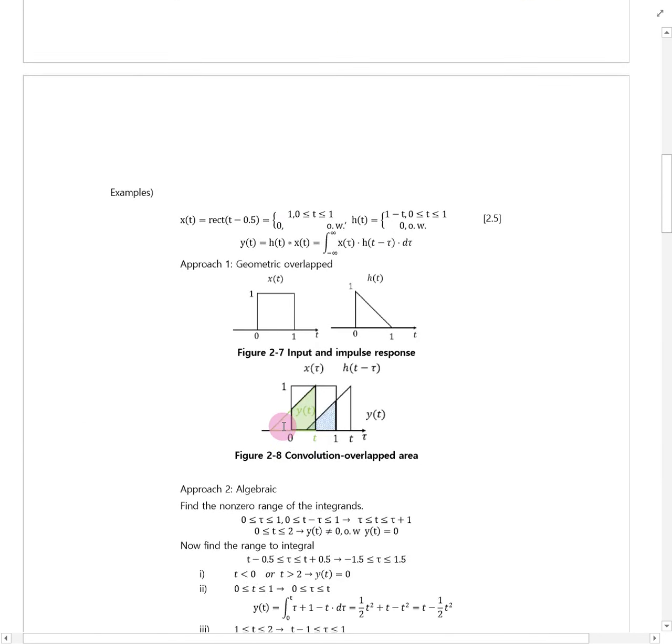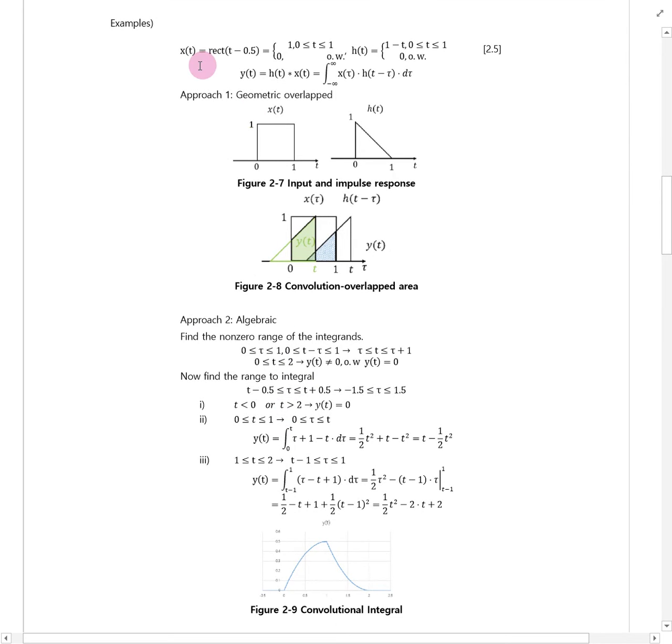We already talked about two different examples from here. The rectangular function is shifted by 0.5, and then it will give this kind of pattern. This one is the rectangular pulse shifted by 0.5, and the impulse response is triangular like that. The impulse response is 1 minus t during these times, otherwise it is 0.